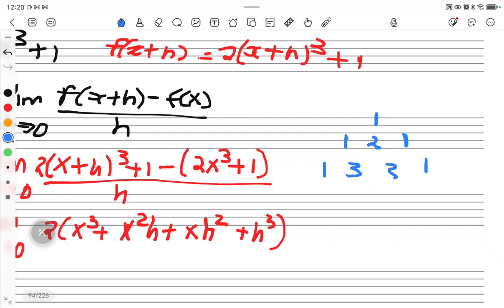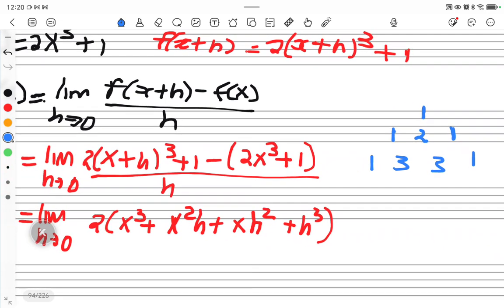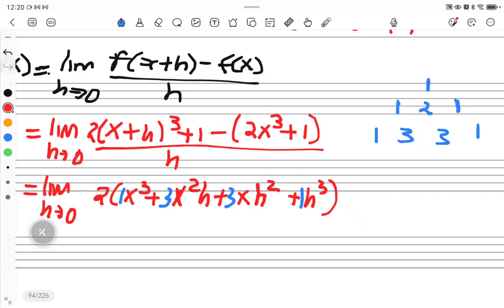Our exponent is 3, so here I need a constant 1, which is the first one. Here I need a constant 3, here a constant 3, then here a constant 1. You see, right? Then this will be simple. So now we say all over h.